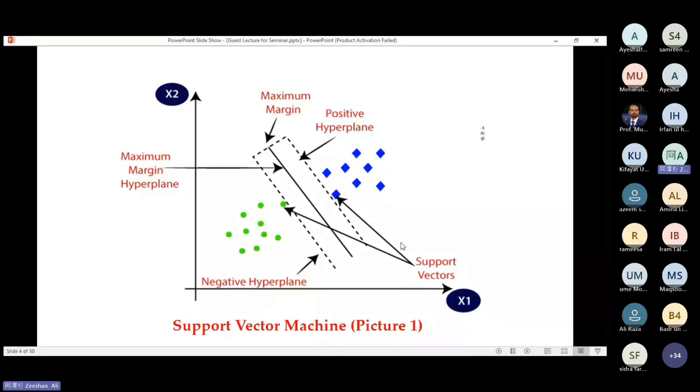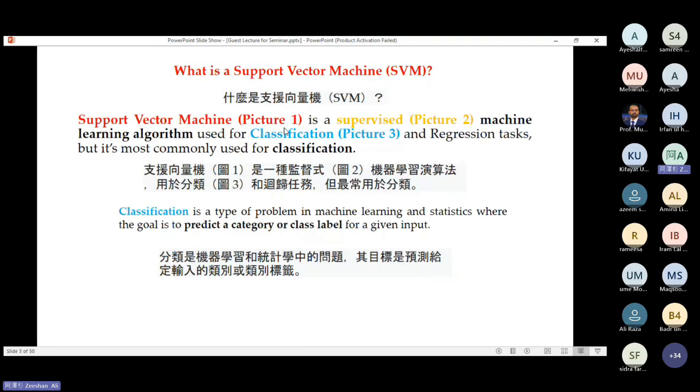I will briefly explain the definition, the structure, and the mathematical formulation of support vector machine later, but this is the rough structure of support vector machine. And similarly, the distance between the positive hyperplane and the negative hyperplane is called the margin.